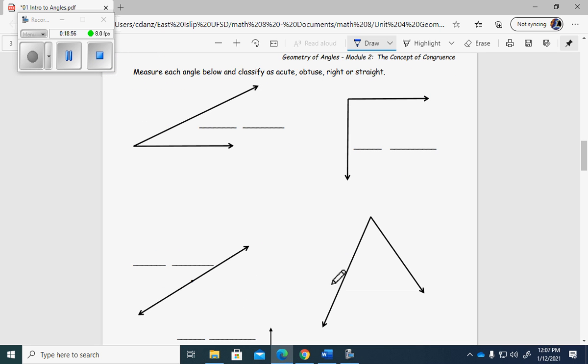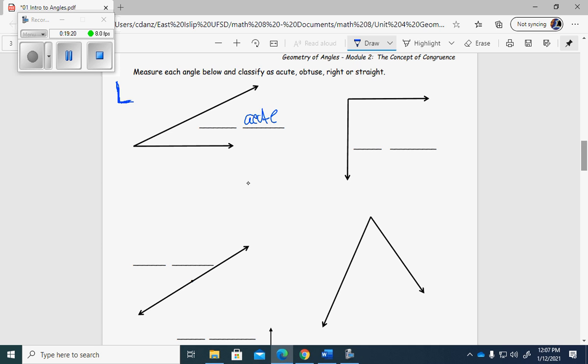If we were to go to this page and not measure and just look at the pictures and classify it, I know that that first picture is acute. And I know it's acute because it's skinnier than an L. Like think of the letter L, which is a right angle. And if it's a skinny L, then it's acute.